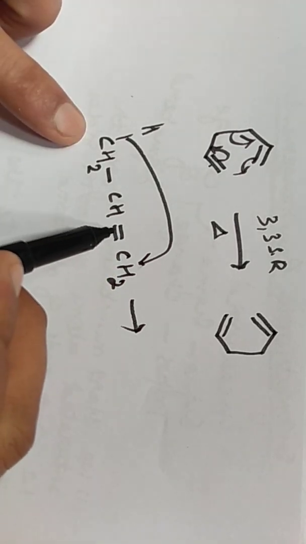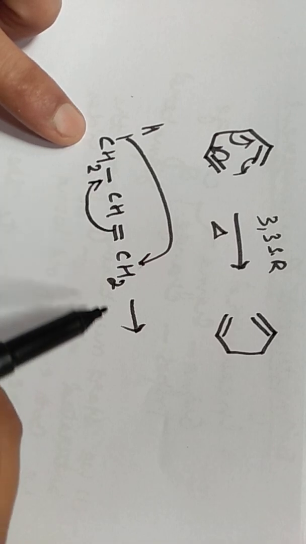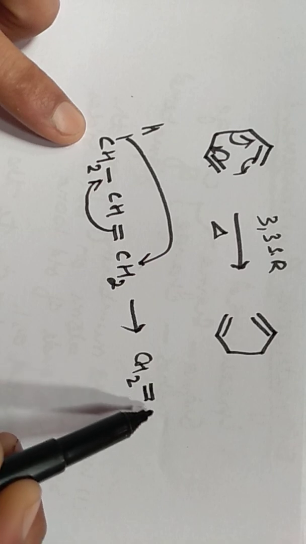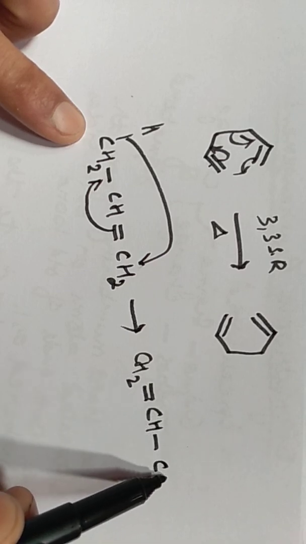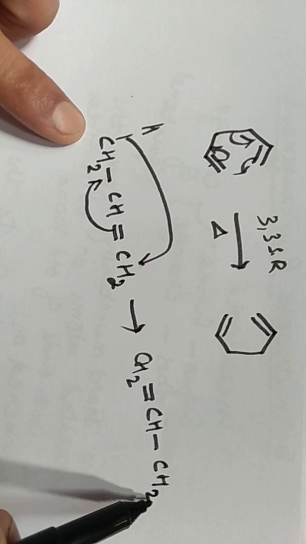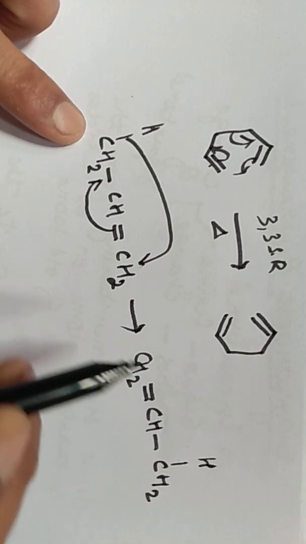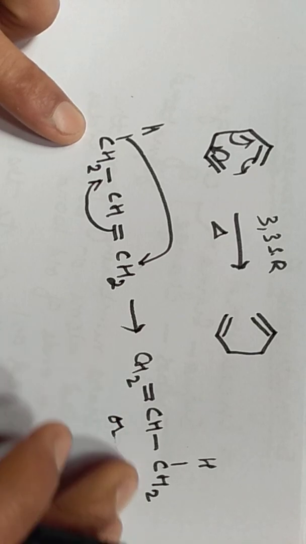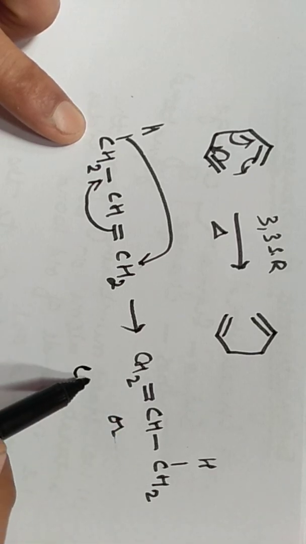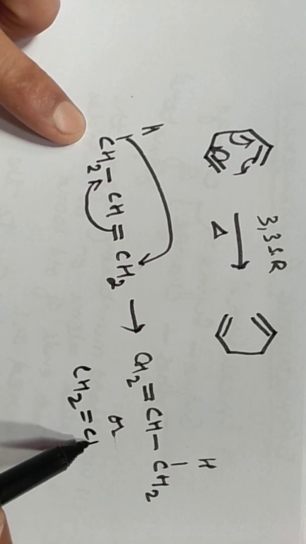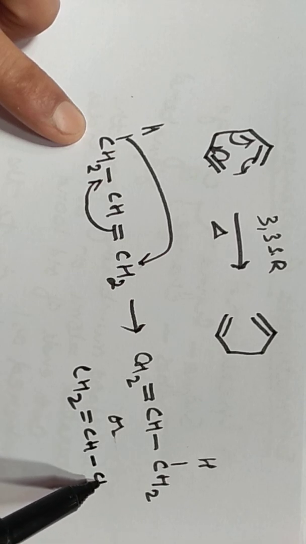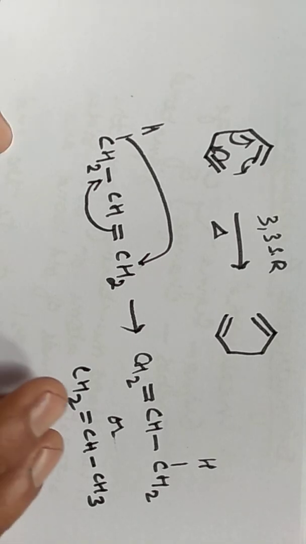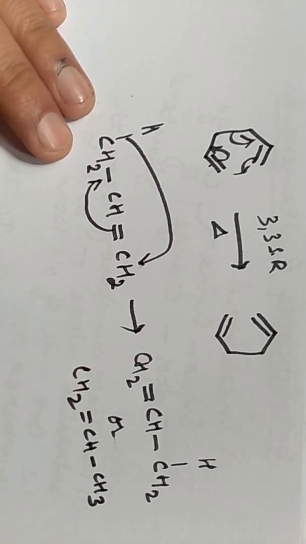And this bond shifts to this side, so we get products like this, right? Or we can write this product like this. So this was all about sigmatropic rearrangement.